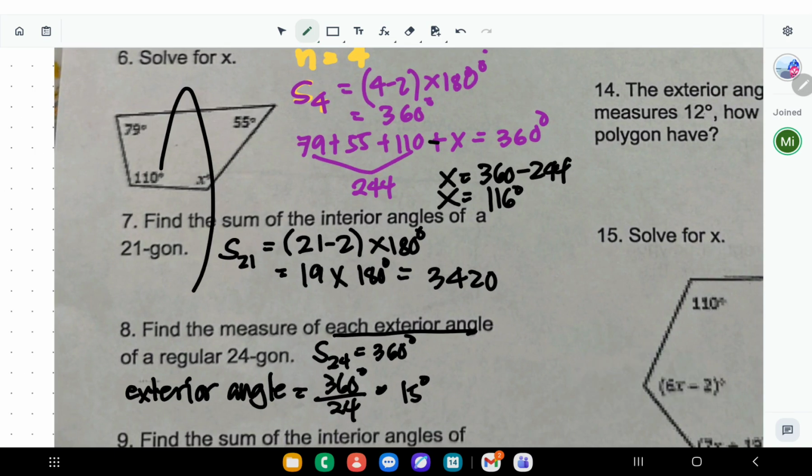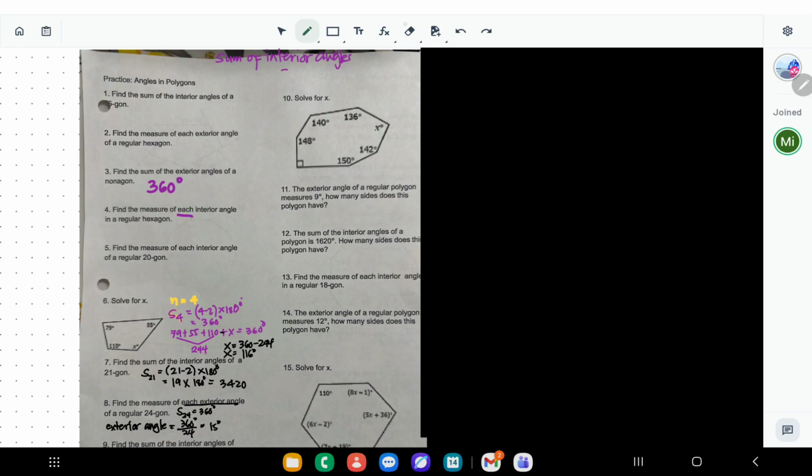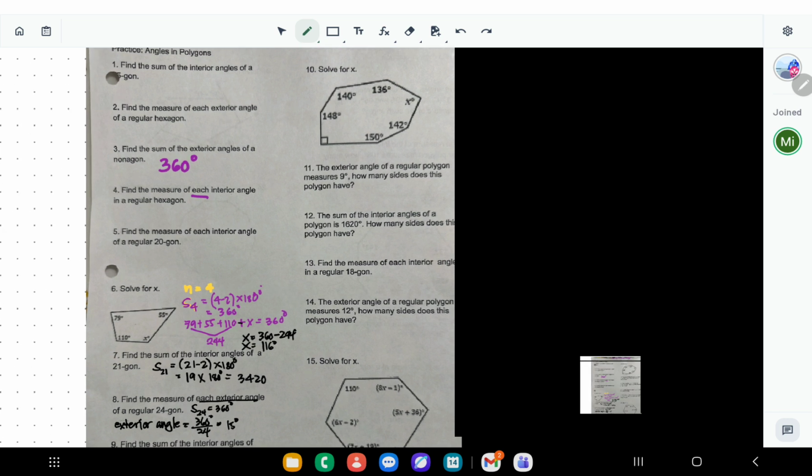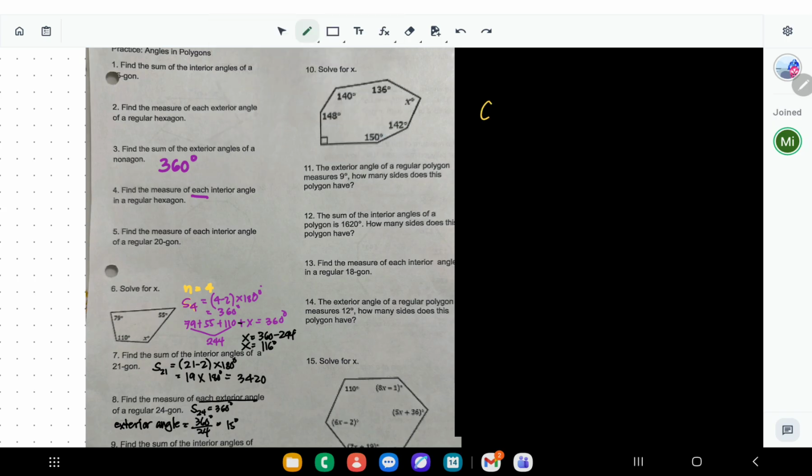Then, number 9. Let me check. For number 9, find the sum of the interior angles of an octagon. An octagon has 8 sides, so n is equal to 8.